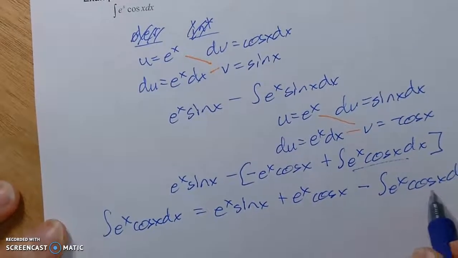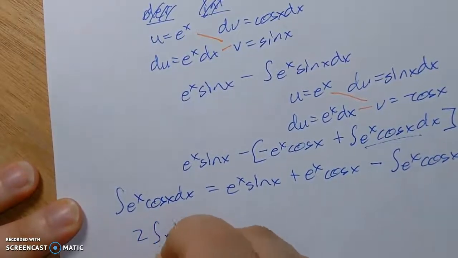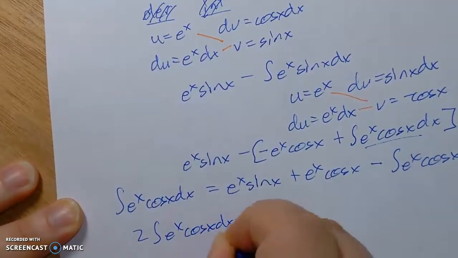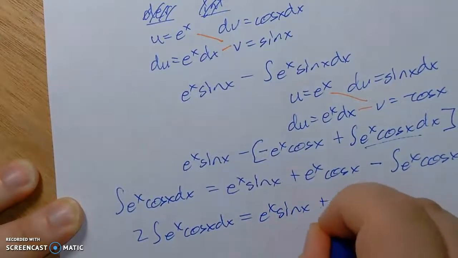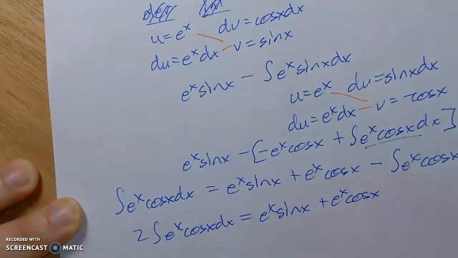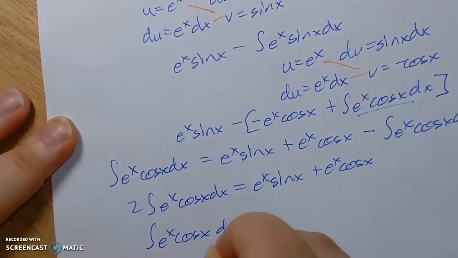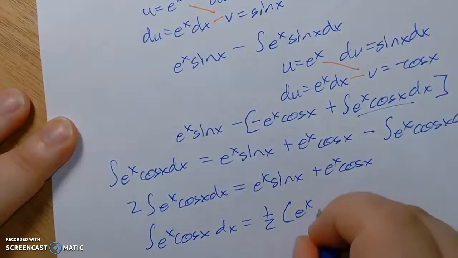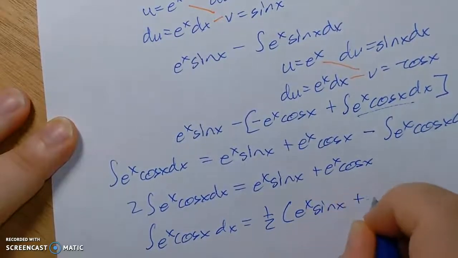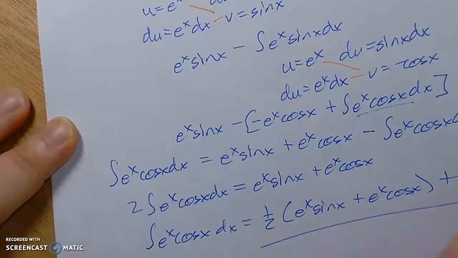Well, let's add this to the other side and we get two of them. 2 integral e to the x cosine x dx equals e to the x sine x plus e to the x cosine x. Divide by 2 and we'd have it, right? Integral of e to the x cosine x dx equals 1/2 times e to the x sine x plus e to the x cosine x plus c.